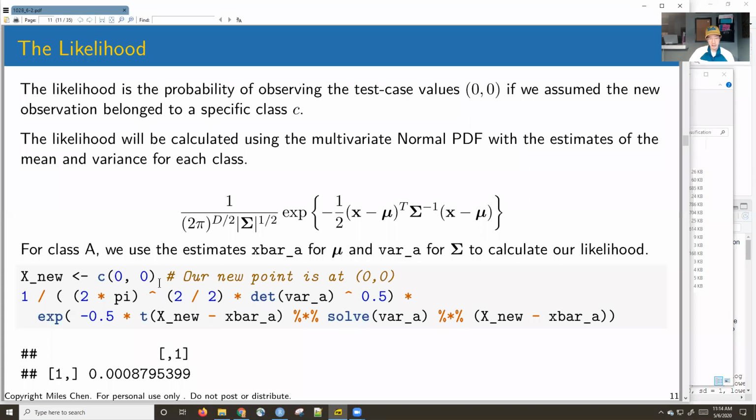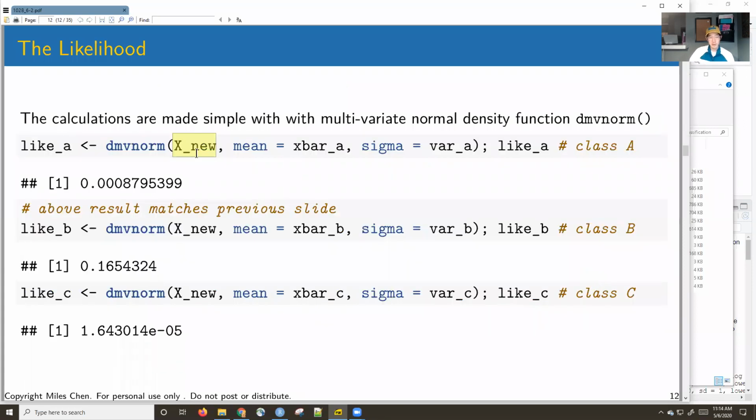In this case, x new is 0, 0. We're going to say, what's the density for x new if the mean is x bar A and the variance or sigma matrix is variance of A. When I call dmvnorm here, I get the exact same value that I have on the previous slide, 0.008795399.